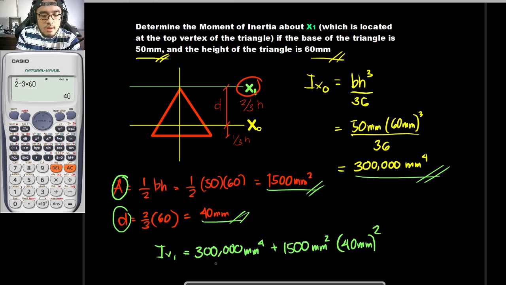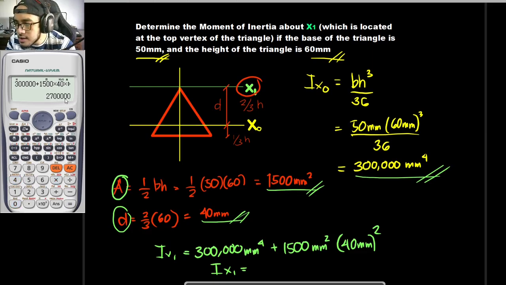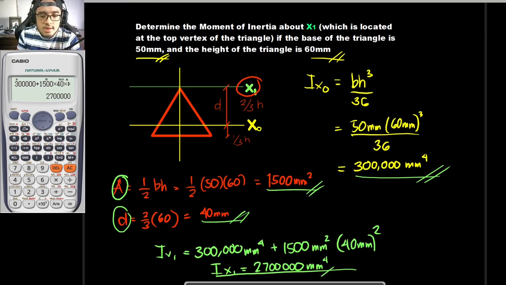From that, Ix sub 1 is 300,000 plus 1,500 times 40 squared. Our answer here is 2.7 million mm raised to fourth. It is as simple as that.